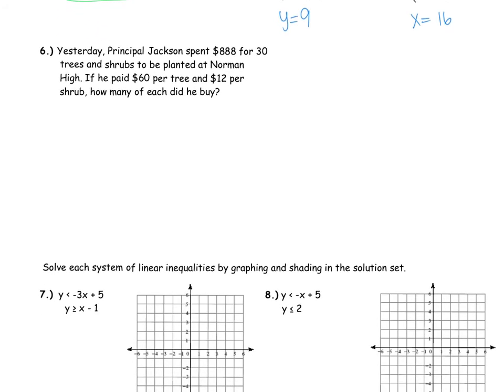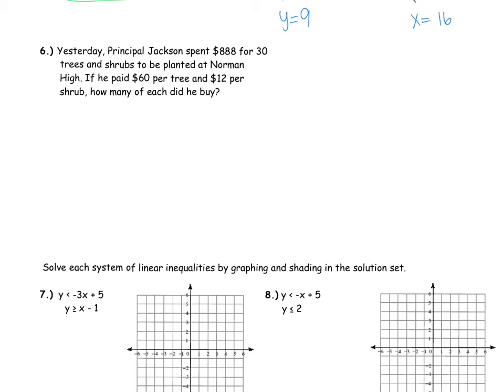All right, let's do number 6 here as our next story problem. In this one, it talks about Principal Jackson. He spent $888 for 30 trees and shrubs to be planted at Norman High. If he pays $60 per tree and $12 per shrub, how many of each did he buy? So first off, let's figure out what we're trying to solve for.